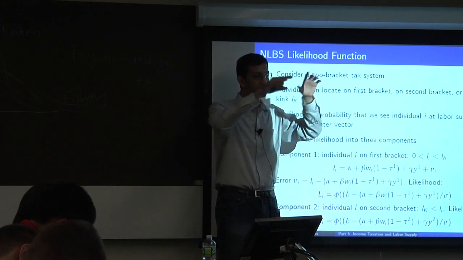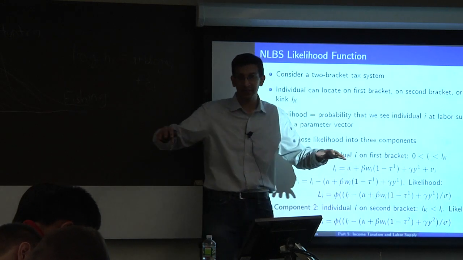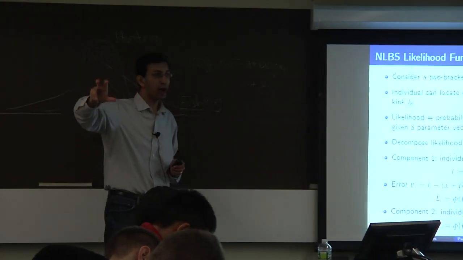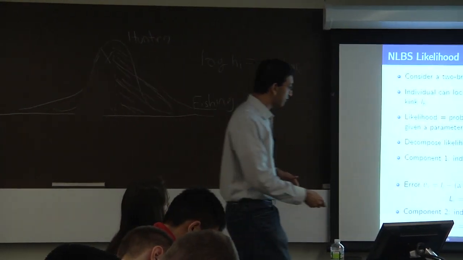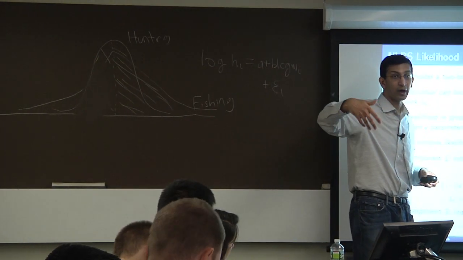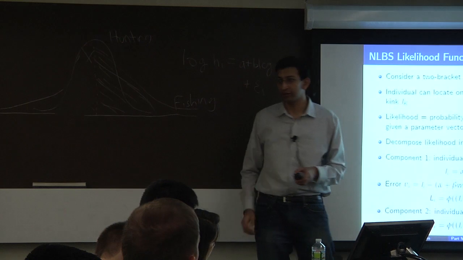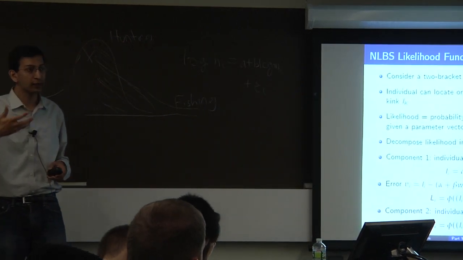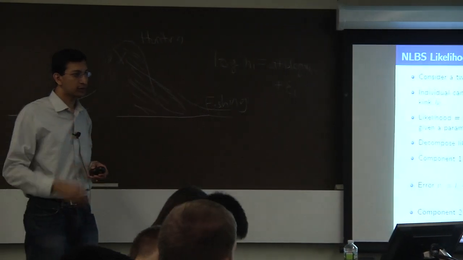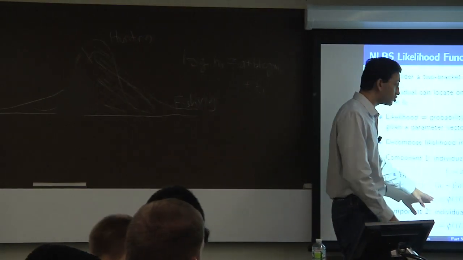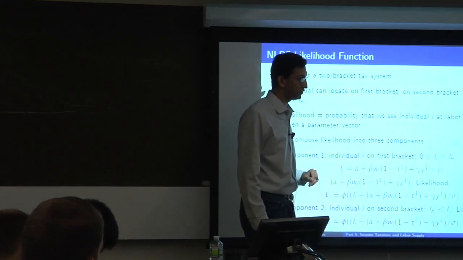I've got the normal density. If I get a nu i value that's super high, then I'm going to get a very low value for the likelihood. It's very unlikely that the unobserved error is 5 standard deviations above the mean. If nu i is a number near 0, then it's quite likely that he would have actually picked that level of labor supply. So I can compute each individual's contribution to the likelihood function in this way.